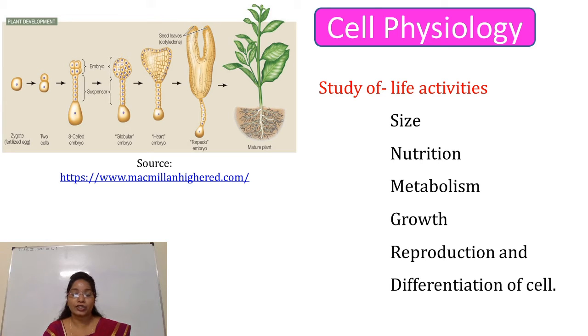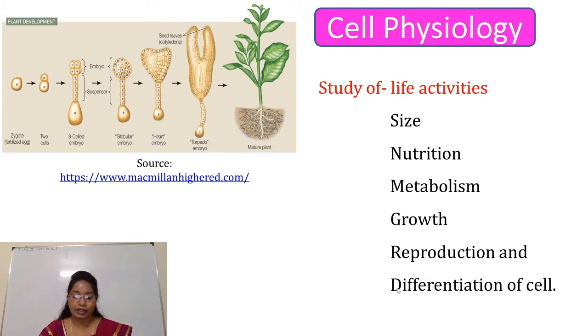In this branch, one can study the life activities of the cells, such as growth, reproduction, differentiation, metabolism, nutrition and size of the cell, and how the growth and development of a particular cell takes place. So in cell physiology, one can study growth, development, reproduction and differentiation of cell.